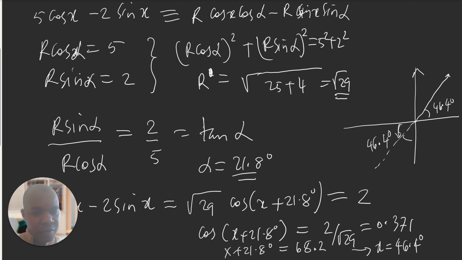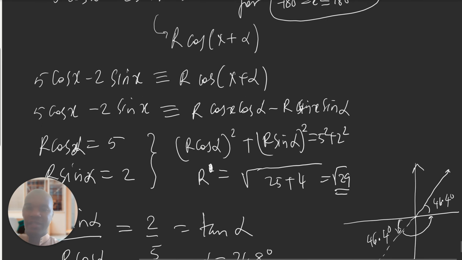So for the negative angle corresponding to this angle, you take 180 minus 46.4, so we get negative 133.60 degrees. So that is the solution for the question in our hand, dear students.